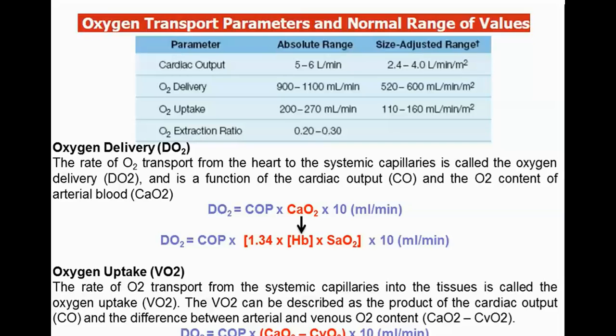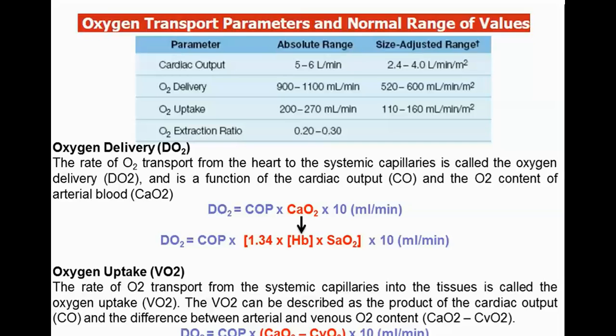This is per liter. The oxygen uptake will be taken per liter, or per body for all the cardiac output. The whole cardiac output is 5. 5 times 50 will be 250. So the oxygen uptake is 250. It's clear? So the oxygen extraction is the relation between the oxygen uptake and the oxygen delivery.